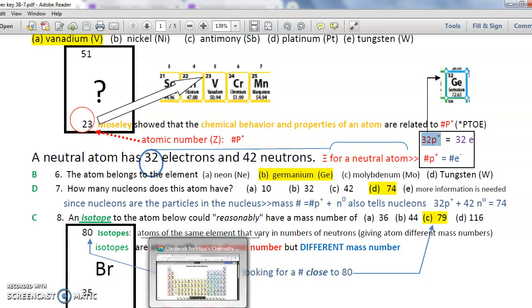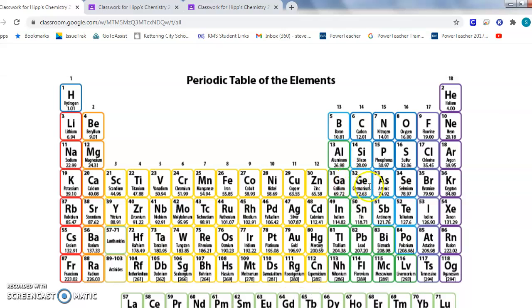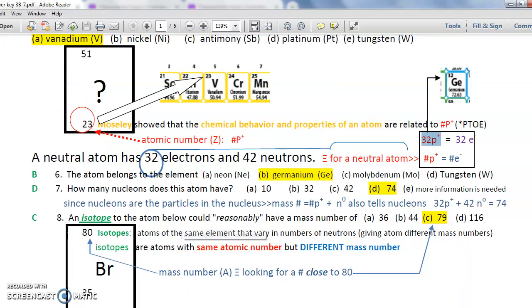We can look on the large periodic table. There's germanium. Any atom with 32 protons, regardless of how many neutrons, regardless of how many electrons it has, is germanium. Germanium is 32 protons. Anything with 32 protons.